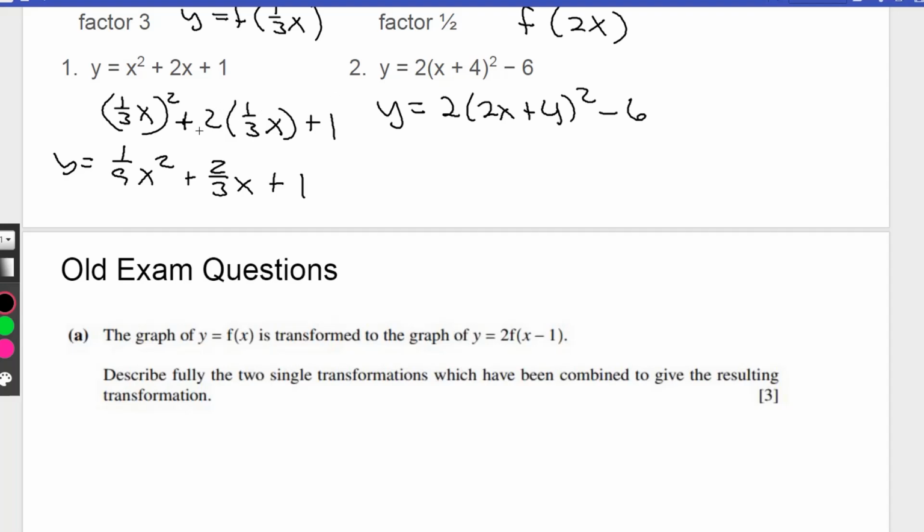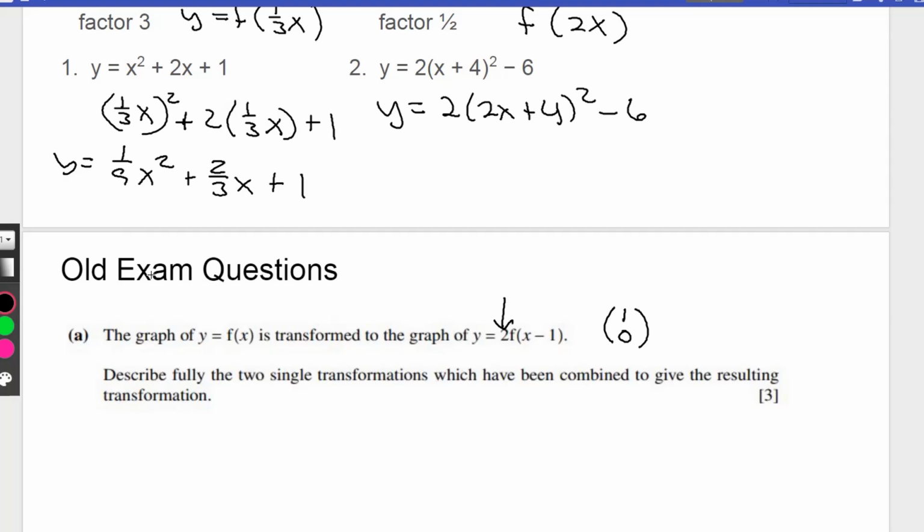Okay, so basically you see this number in front. That is telling you that it's been stretched by a factor of 2. This means it's been translated and it's going to go to the right. And so I'm going to go up here and I'm going to put 1, 0 because it didn't go up or down.